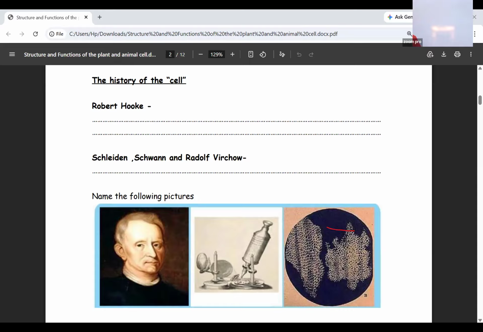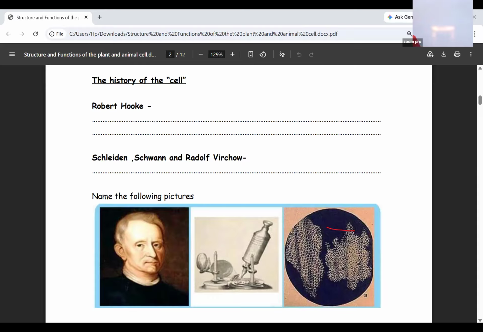You have got the textbook, right? And here you can see the person, Robert Hooke, in this picture on the screen. That is Robert Hooke. The second one is his microscope. And the last one is the cells, a section of the cork.